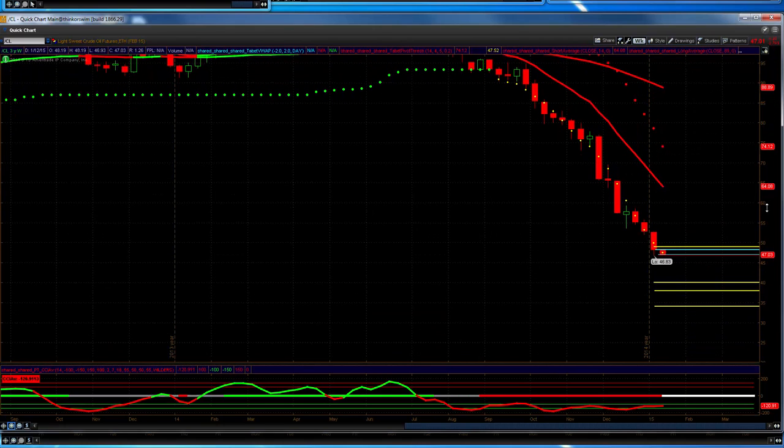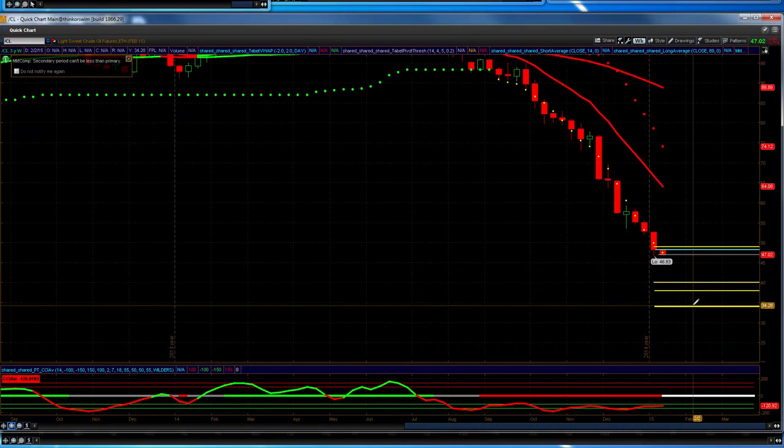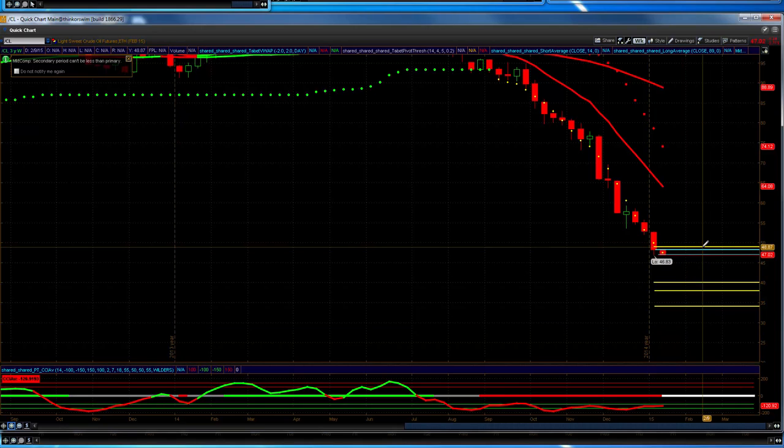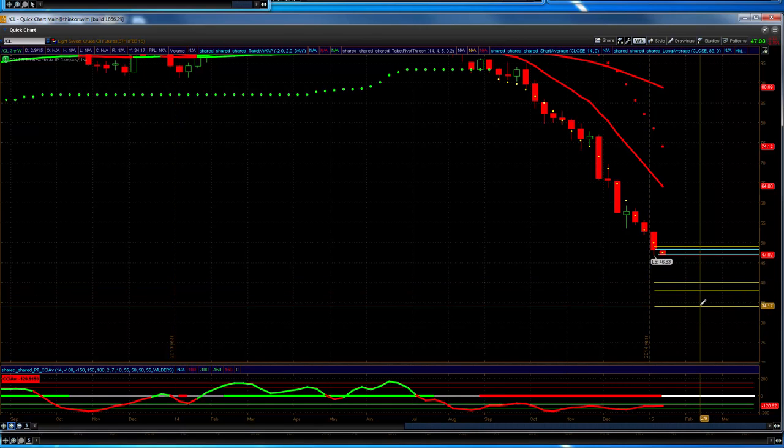So what I've put on the chart here is a couple of levels that I think are going to be surprising to people, right? So we've already hit the 49 level. Now I'm looking for the 40 level, $40 oil, 38 and 34.